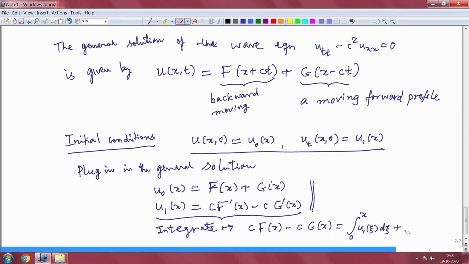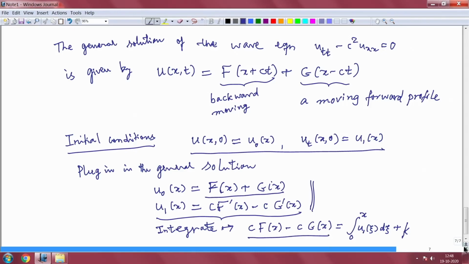We will see that it is irrelevant. So, okay. Now we have one equation with f(x) plus g(x) and another one essentially f(x) minus g(x). So, we can easily solve them.